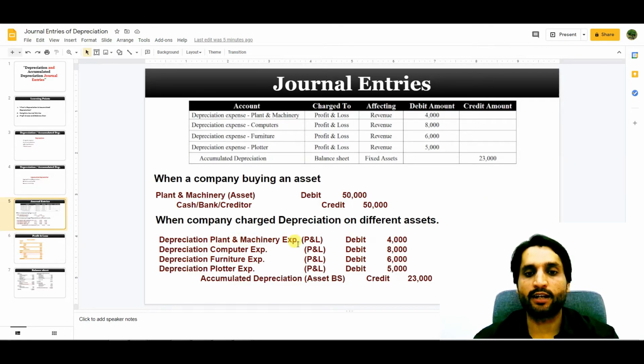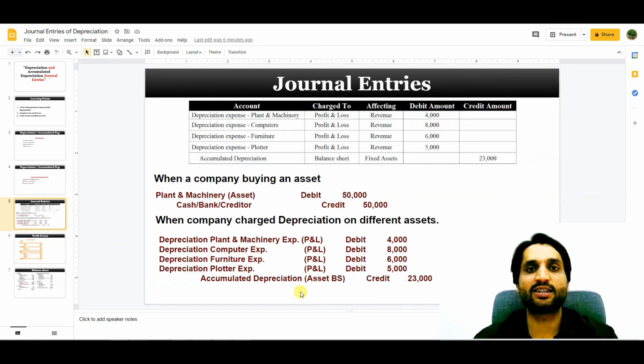Depreciation expense on plant and machinery will be debit to the profit and loss account, same as this, 4,000. Computer expense 8,000, furniture expense 6,000, and plotter expense 5,000. So the total accumulated depreciation under the assets in the balance sheet will be 23,000. This is the entry when we charge depreciation on assets. So the depreciation expense will be debit, and accumulated depreciation will be credit.